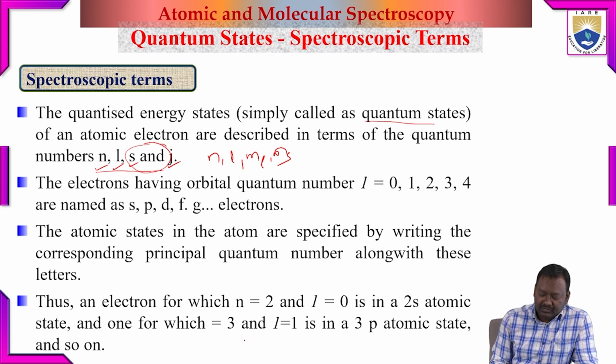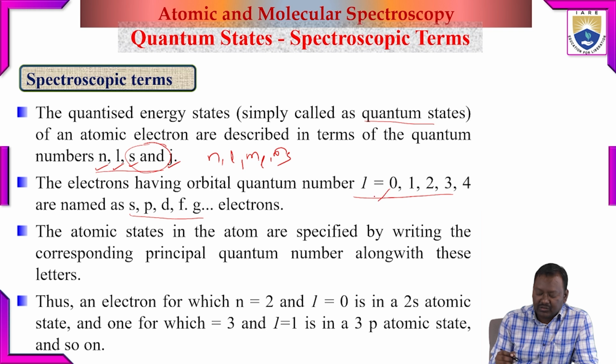The electrons having orbital quantum number, for example, can have values 0, 1, 2, 3, 4, and those orbitals are designated by s, p, d, f, g respectively.